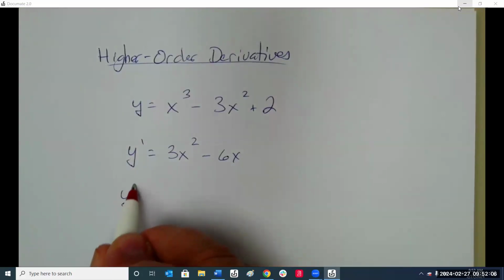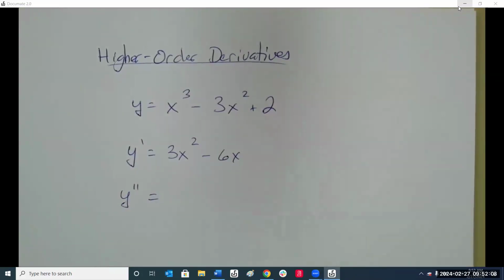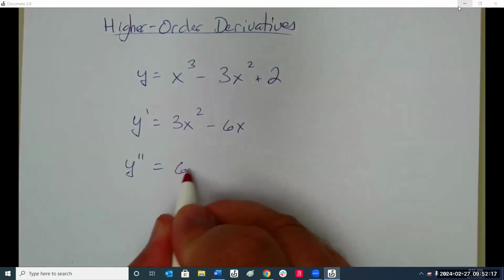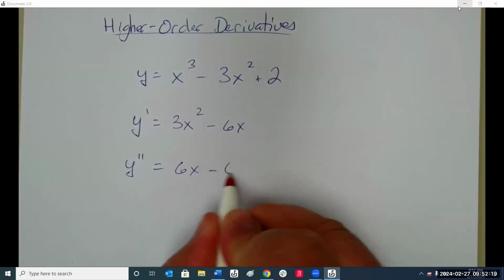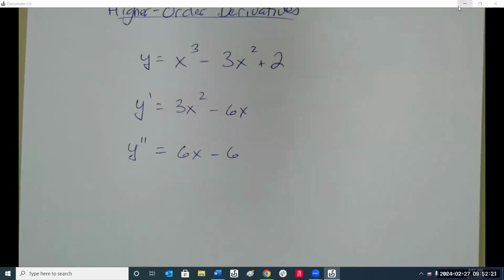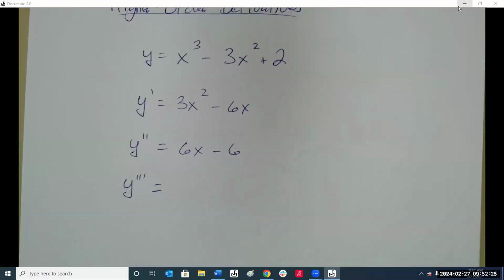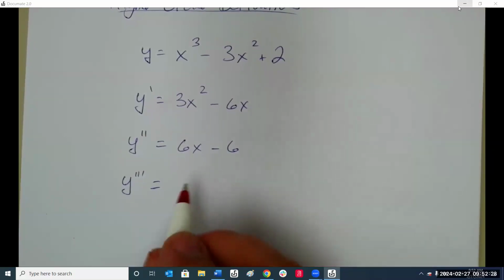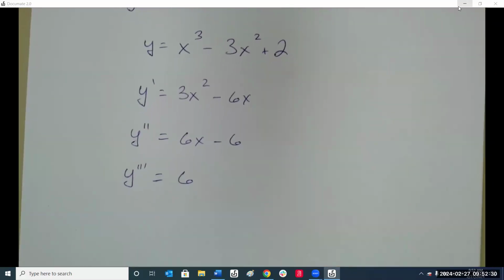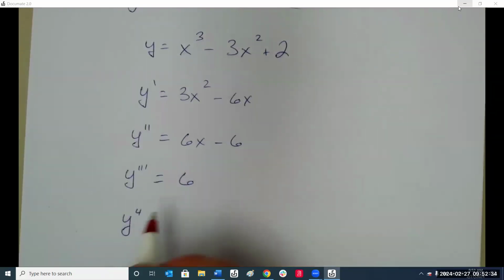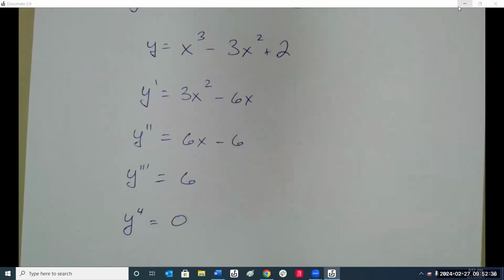The second derivative, the derivative of this one now, the derivative of the derivative. So it would be 6x minus 6. The third derivative would be 6. The fourth derivative would be 0.